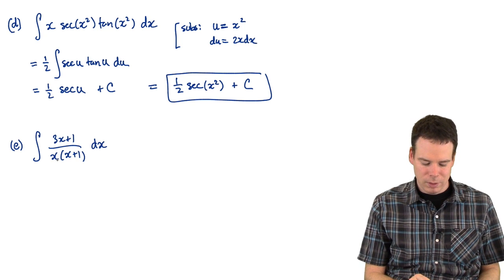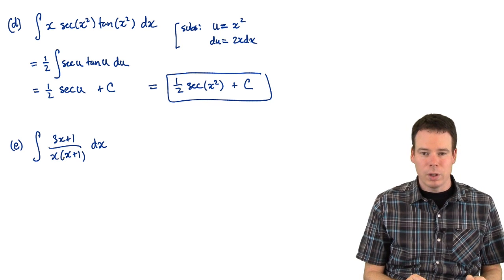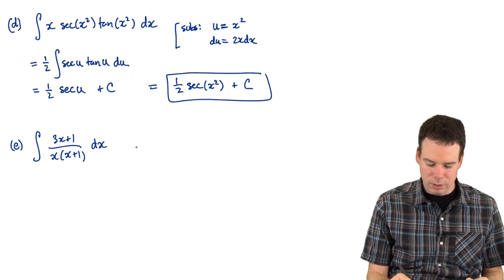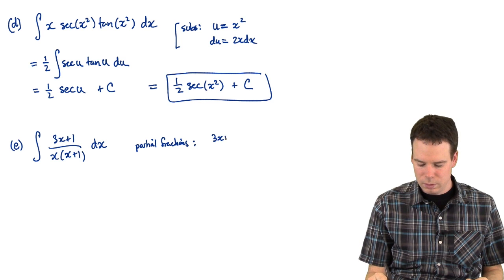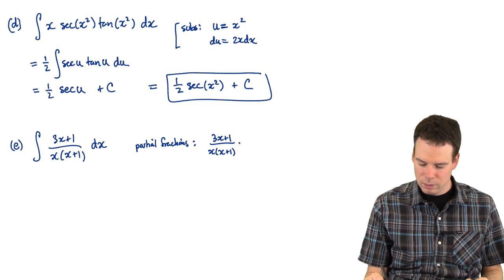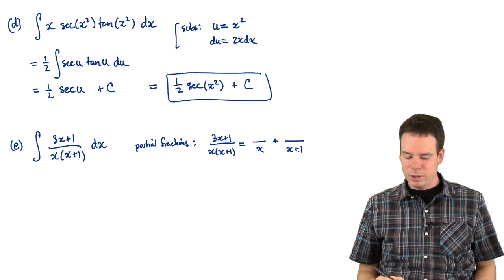And I look at the bottom, and it's an x squared plus x. The derivative would be a 2x plus 1. That's not what's up top. So perhaps we should use partial fractions here. So to use partial fractions, what we have to do is just rewrite the integrand in this way: something over x plus something over x plus 1.